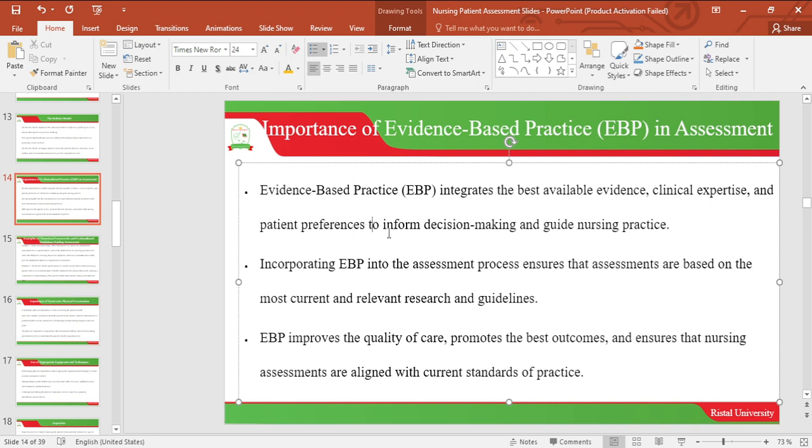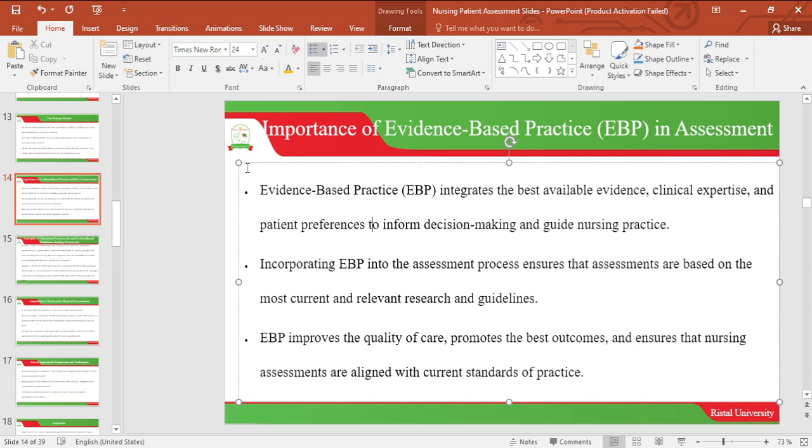So when nurses incorporate evidence-based practice into the assessment process, this will ensure that the assessments are based on the most current and relevant research and guidelines. That is why it is important that nurses should continue reading current research articles.